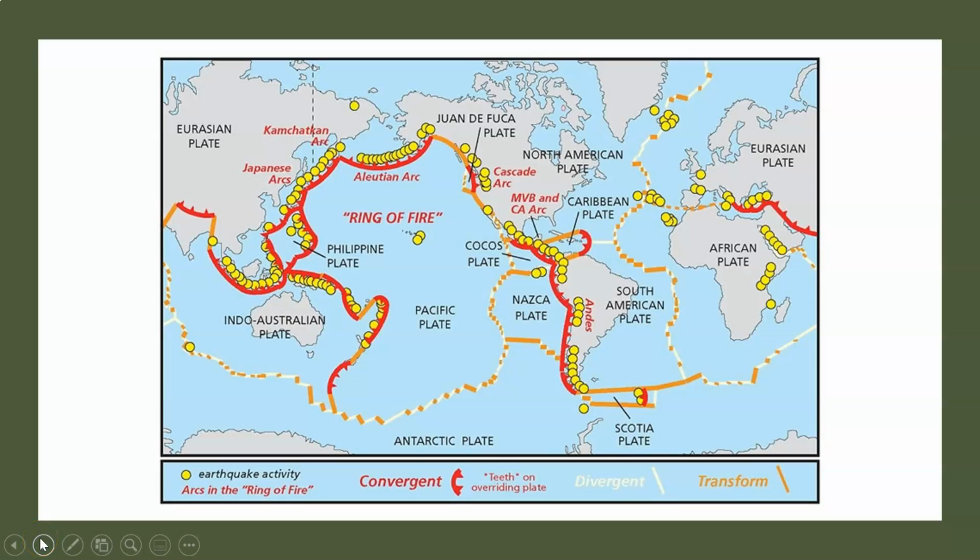Okay, so this is important because we can see and track these earthquakes and volcanoes and determine the type of plate boundaries. So if you see what's called here the ring of fire, this is where a majority of our earthquakes are taking place, which is in the island arcs around the ring of fire.